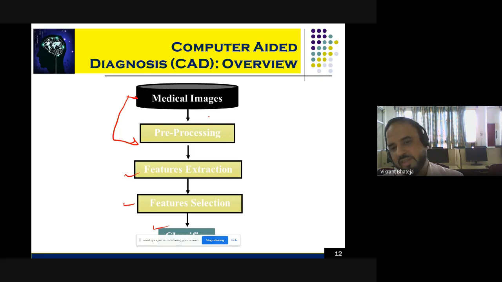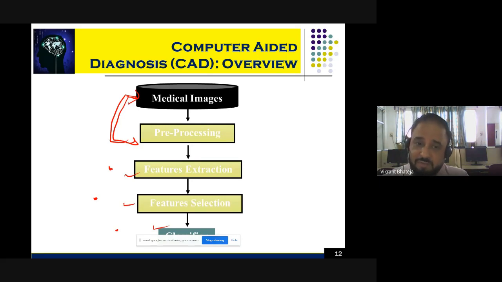Now, the major challenge when we are discussing such CAD systems is not actually at the stage of feature extraction, feature selection, or the classifier. The major challenge is generally when you are acquiring these medical images, because the acquisition part is not in our control. As researchers or engineers, we are just using pre-deposited databases of images produced by medical hospitals or medical centers, which have accumulated these images for further research.